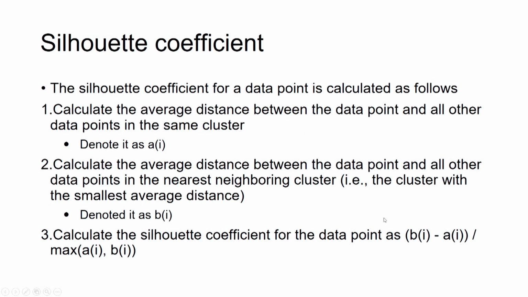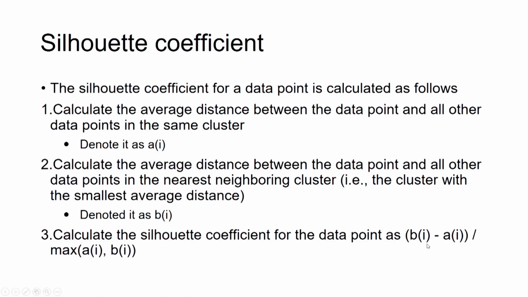It means in that case your b_i is less than a_i, because in that case it will be negative, and if it is -1, it means the distance between the data point and all the data points of the neighboring cluster is less than the distance between this data point and all other data points in the same cluster.